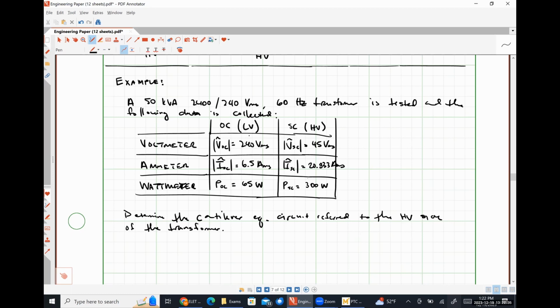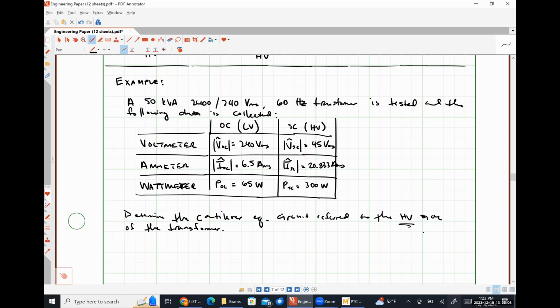So, for example here, all of our open circuit test results are going to give us things that are referred to the low voltage side of our transformer, right? So our open circuit test gives us the shunt branch things. So if we wanted to refer those to the high voltage side, which we are explicitly being asked to do because we want everything on the high voltage side, we need to decide whether our turns ratio is going to be 10 or 1/10.